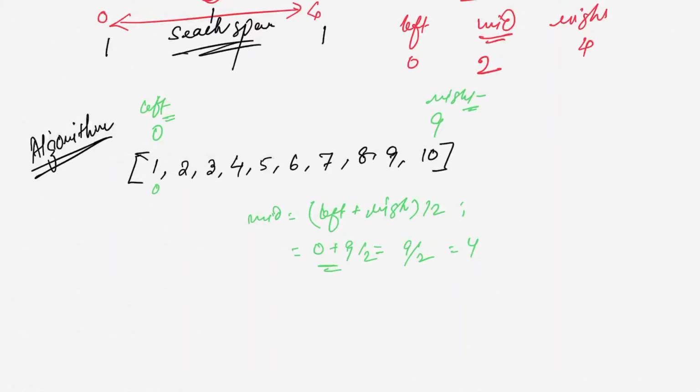Counting the indices 0, 1, 2, 3, 4, this is going to be mid. Third, we need the target, or the key, which we are going to search. In this case my key is 2, so I'm going to search for 2.